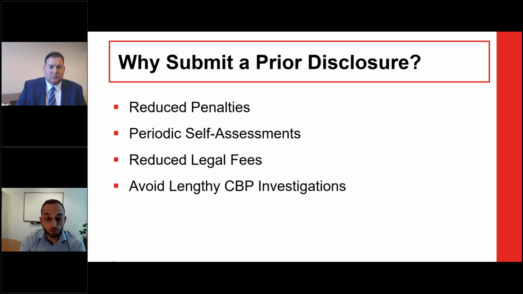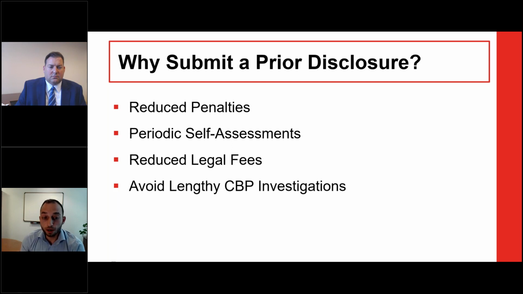It also provides an opportunity for periodic self-assessment for companies. So in that sense, you would review all your important import activities that are covered by that prior disclosure, and this allows you to detect and correct any errors that you may find in addition to the initial assessment you have made, and ensures that you will be compliant with the customs regulations in the future.